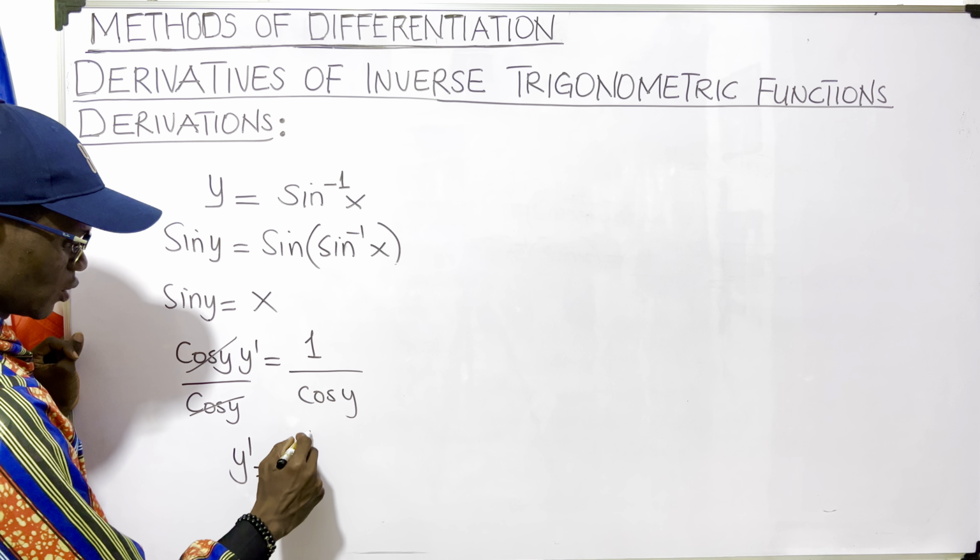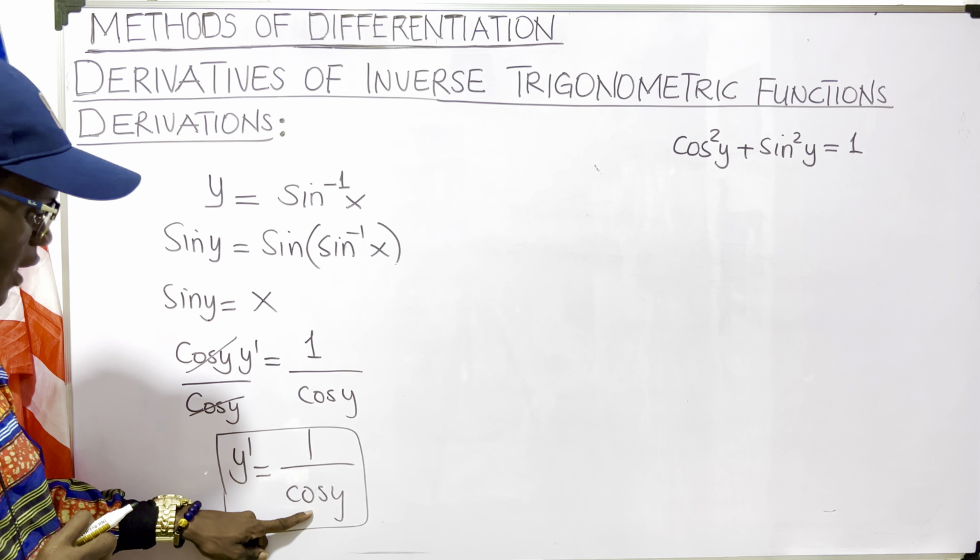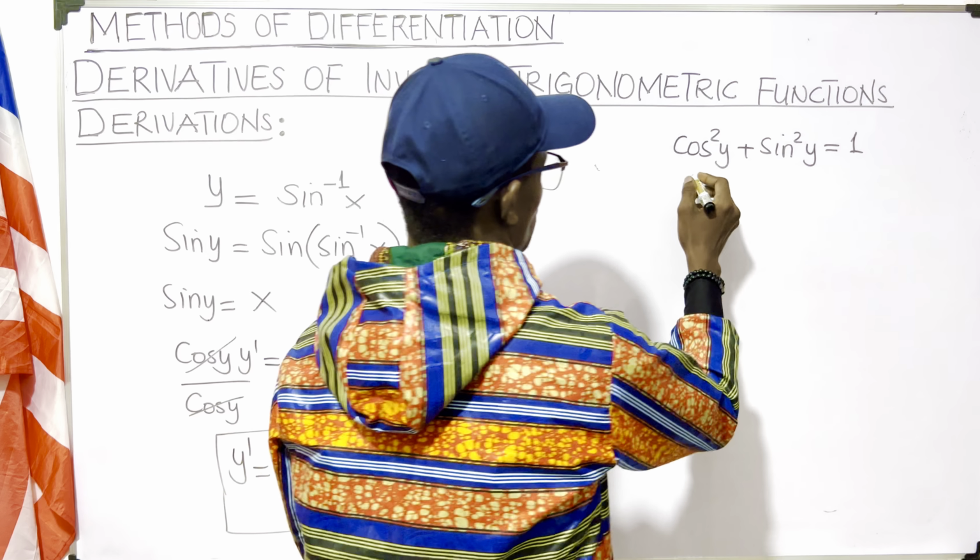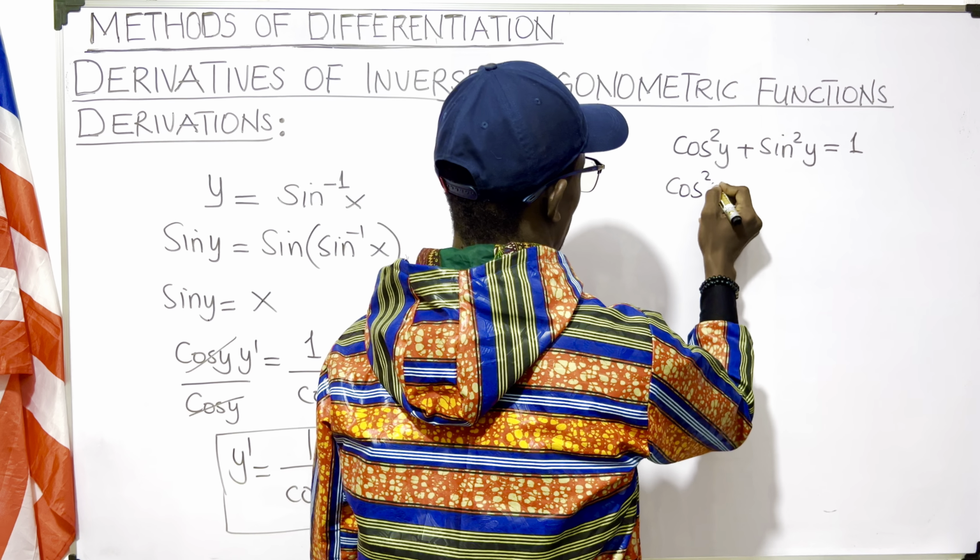But this is not the final answer that we need. We know from the Pythagorean identity, cos square y plus sine square y equals 1. So in order to find cos of y, we can make cos square y the subject. This will now be 1 minus sine square y.